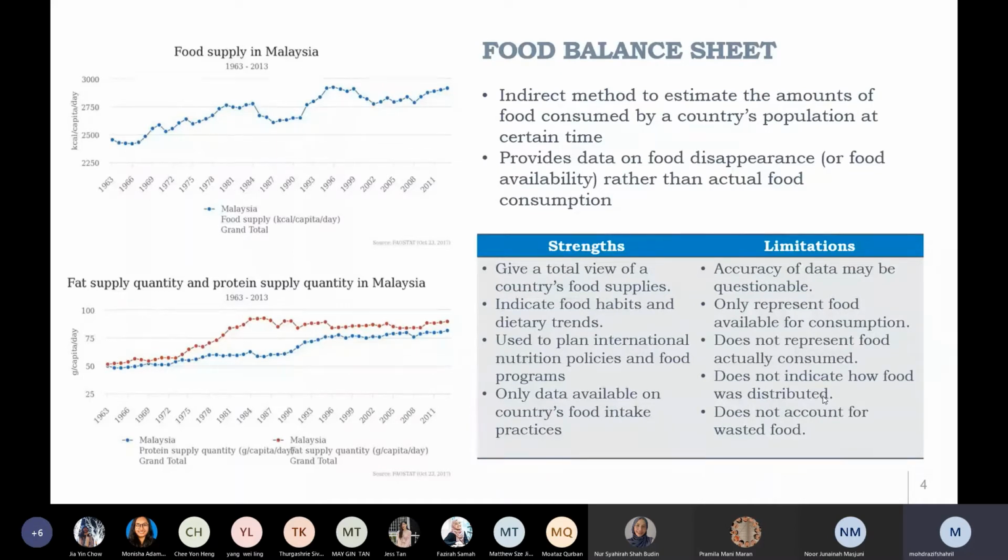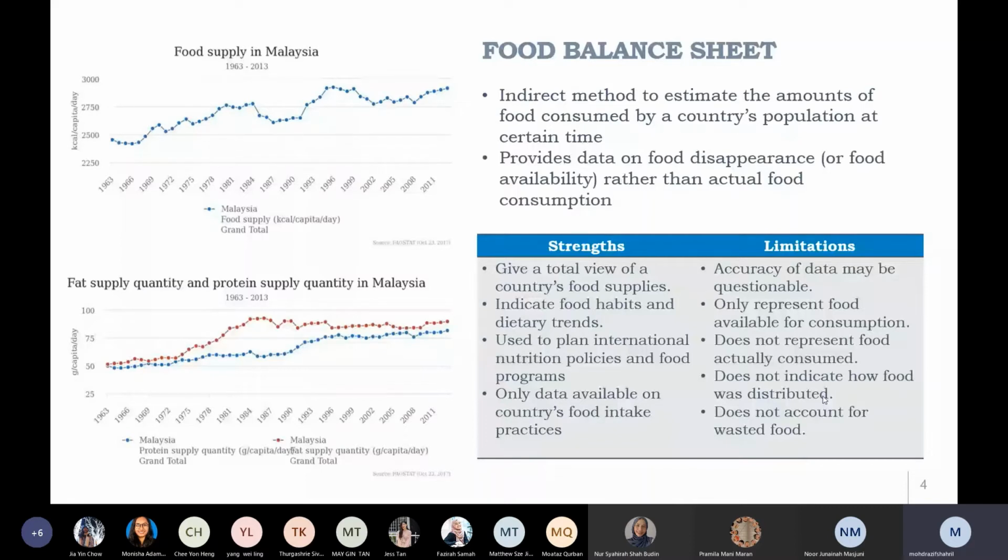I've just explained that the trend we can see here is increasing. The third strength is it is used to plan international nutrition policies and food programs. So this is more for international nutrition purposes. They can compare between countries, between regions, and so on.